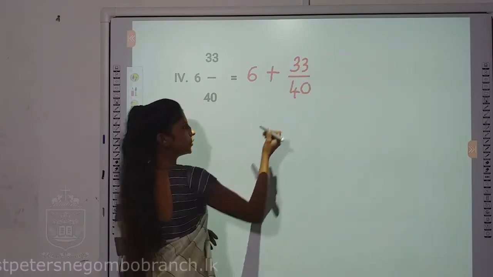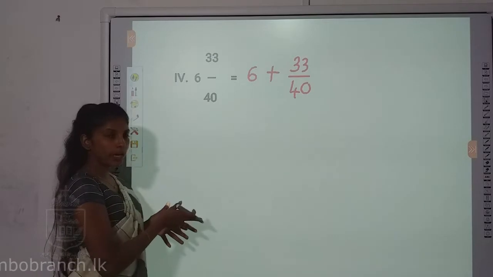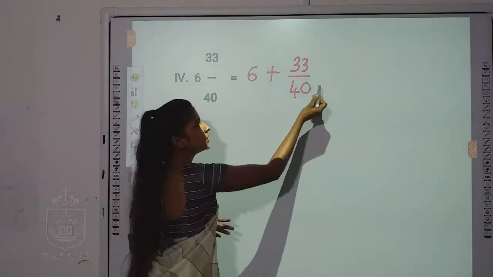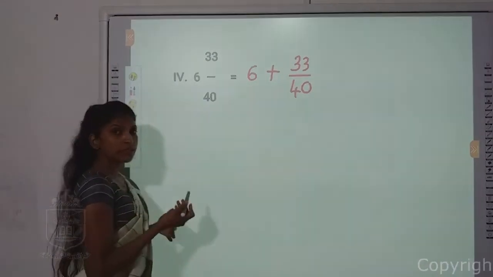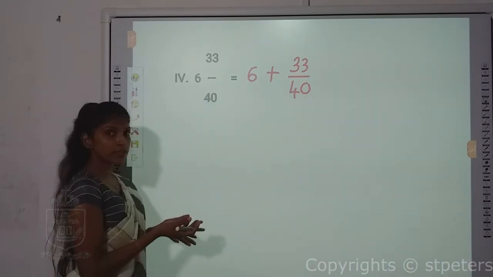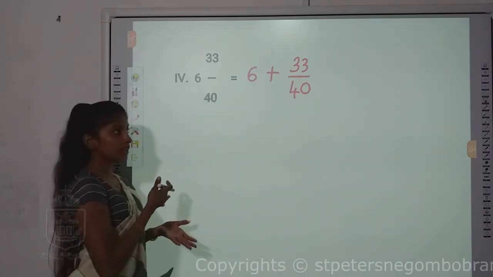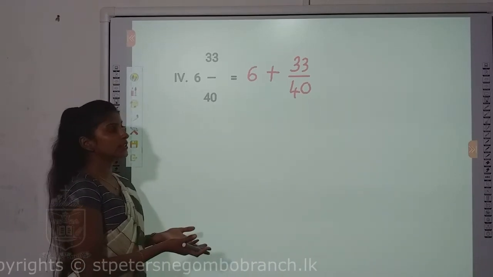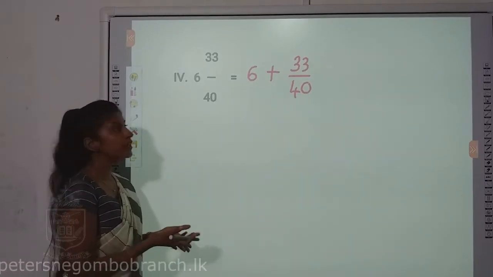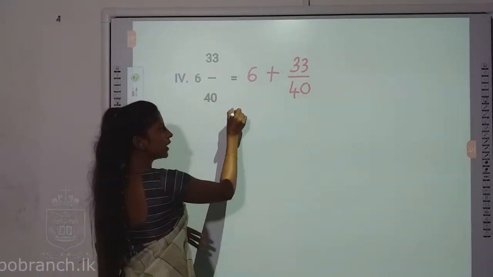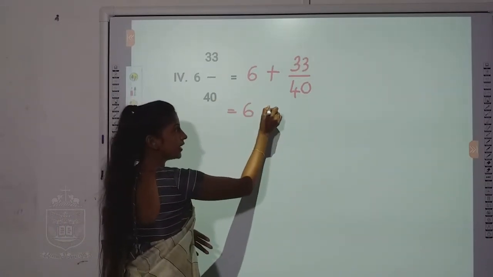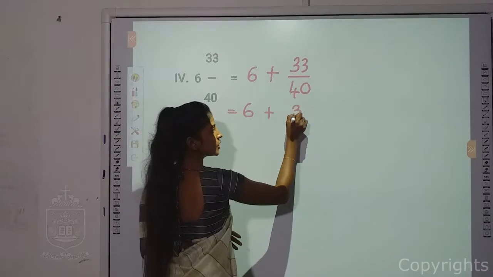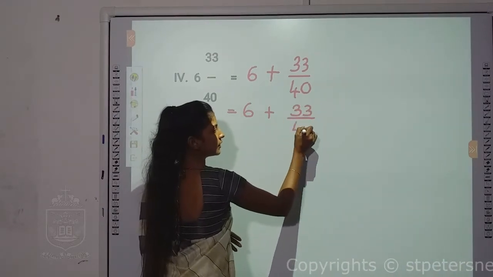Now we are going to remain the whole number part and then convert the fraction into another fraction like we did in the previous examples. You are going to make an equivalent fraction and make the denominator a power of 10. So remain the whole number part like this, and next step, convert this into a power of 10 in the denominator.